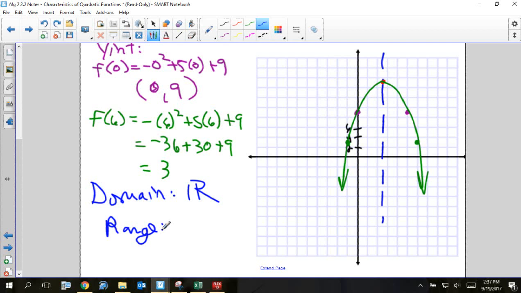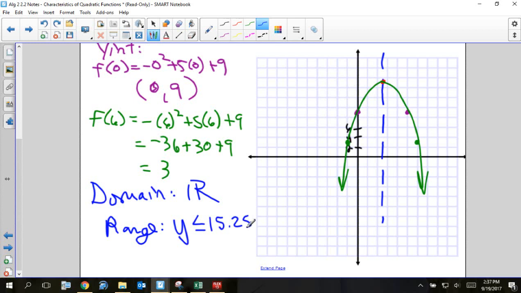Does it go all the way down? I would follow my scale, but does it go all the way down? What's the highest point? 15.25. It's that vertex. That's the highest point, 15.25. So it's going to be that y is less than or equal to 15.25. That's going to be our range.